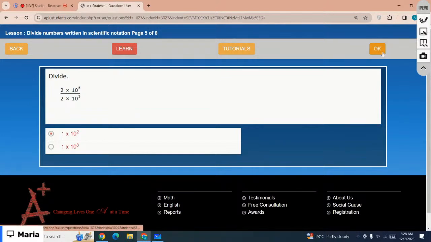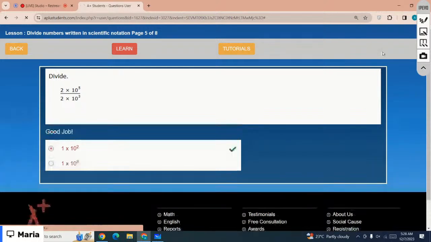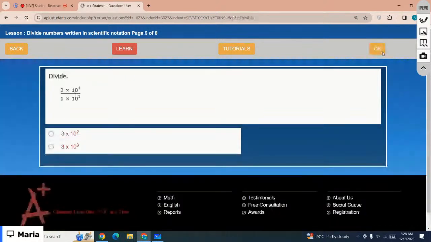Option number 1 is the correct option, right? Okay, the next one is 3 times 10 exponent 3 divided by 1 times 10 exponent 1. So which is the correct option?